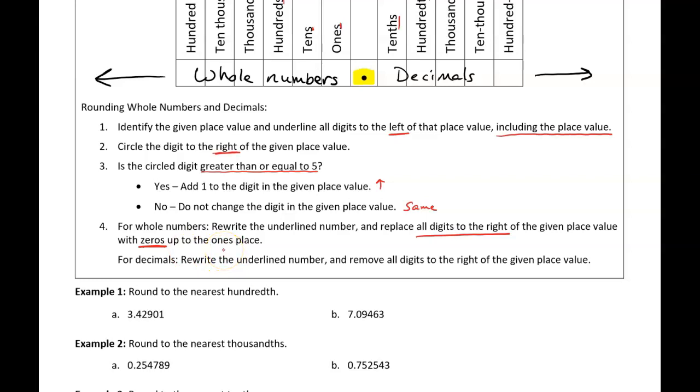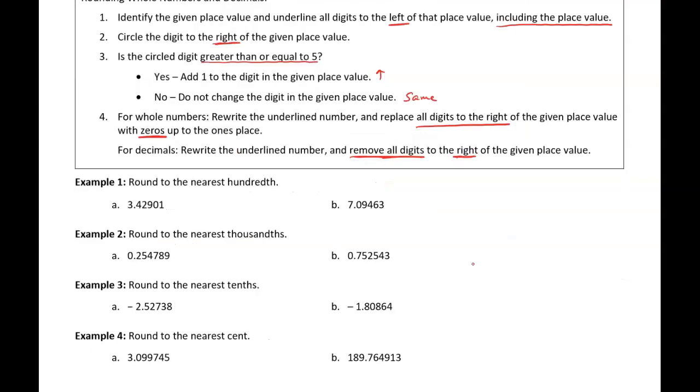If, though, we're rounding a decimal, we still rewrite the underlined number, but then we remove all the digits to the right. So instead of putting zeros after the decimal place we rounded to, we just let those other digits drop. Let's try out these rules.